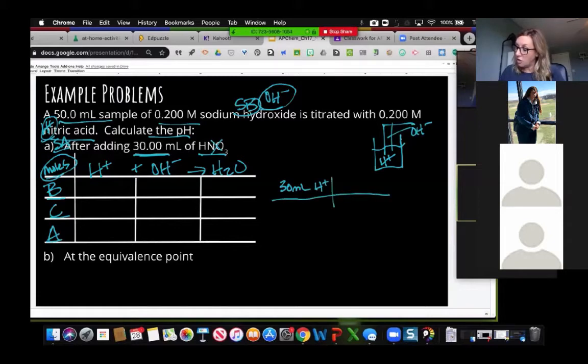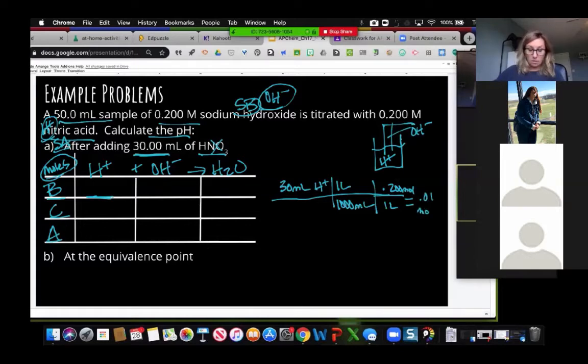I'm going to change this to liters, and you can do that before you put it in this little conversion if you want. And then it is 0.2 moles per liter. So what this is telling me is how many moles of H plus are in that acid before I add the OH minus to it.